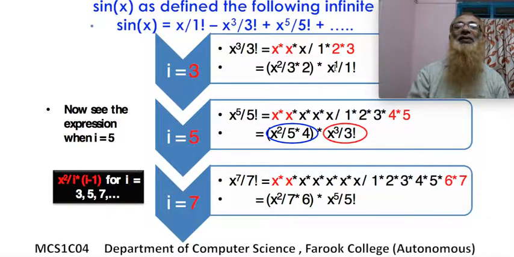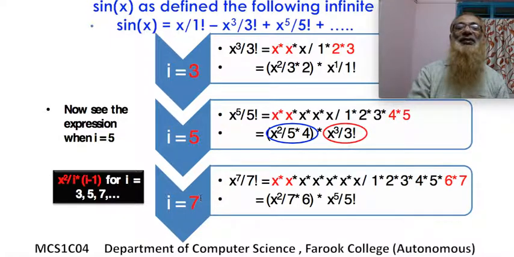See this part, x^1 by 1 factorial. This x^1 by 1 factorial is in fact our first term. This is the second term. We generate the second term from the first term. We generate the third term from the second term.